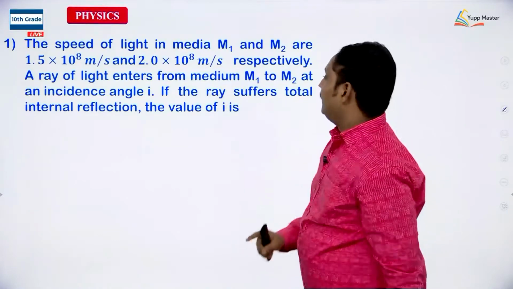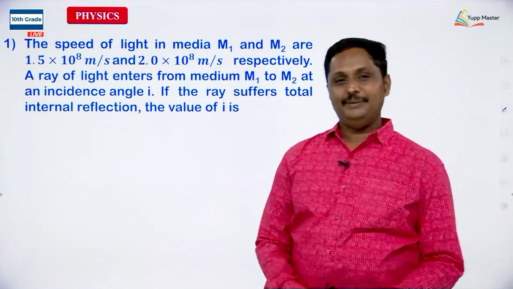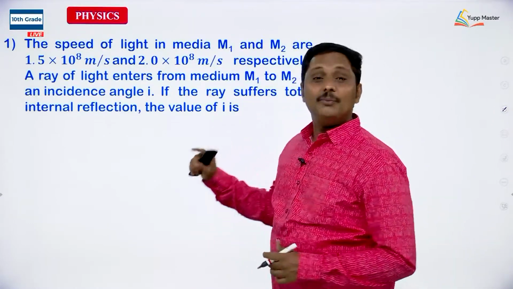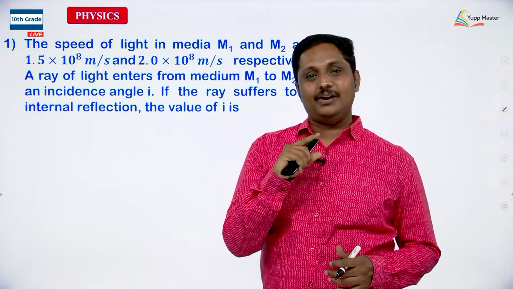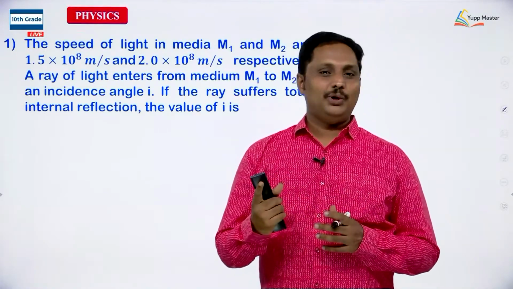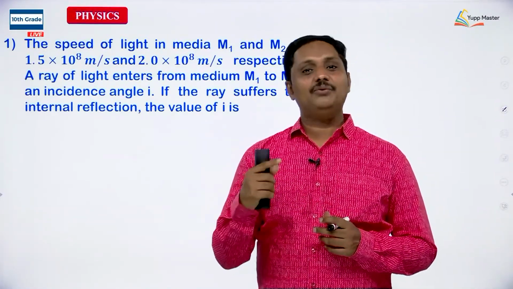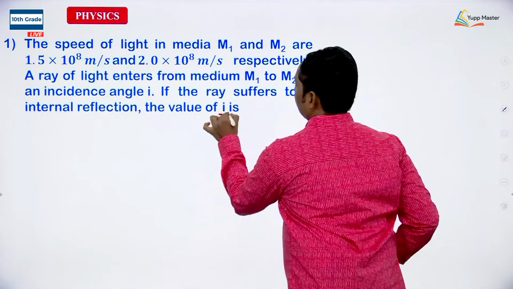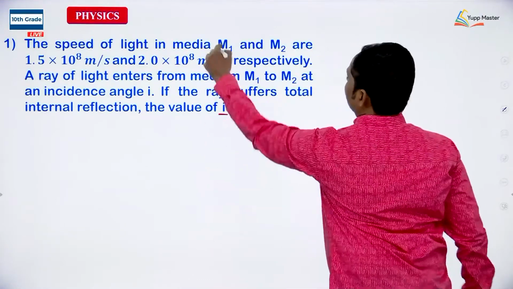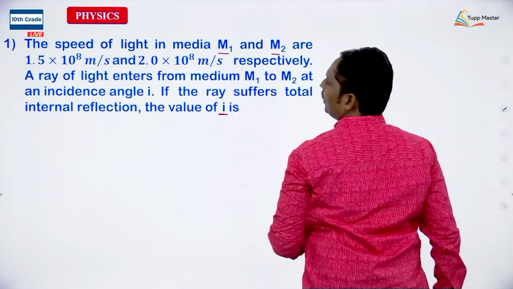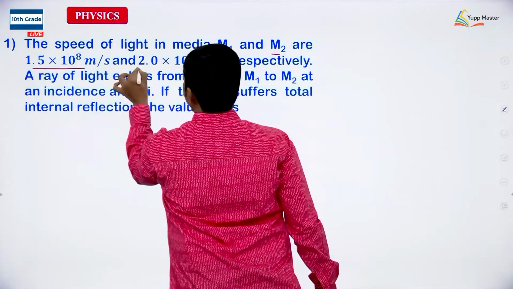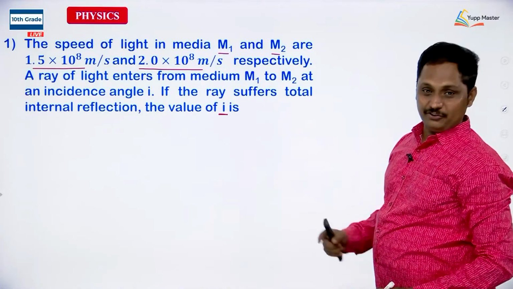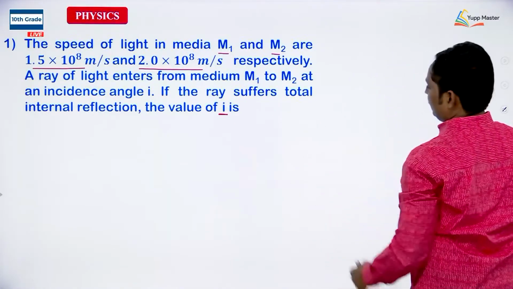If light has entered from one medium to another medium, in order to get total internal reflection, what is the angle of incidence? What is the value of I? You have to calculate this. We are going to take medium 1 and 2, and at the same time we have to look into the speed of light in the first medium and second medium.